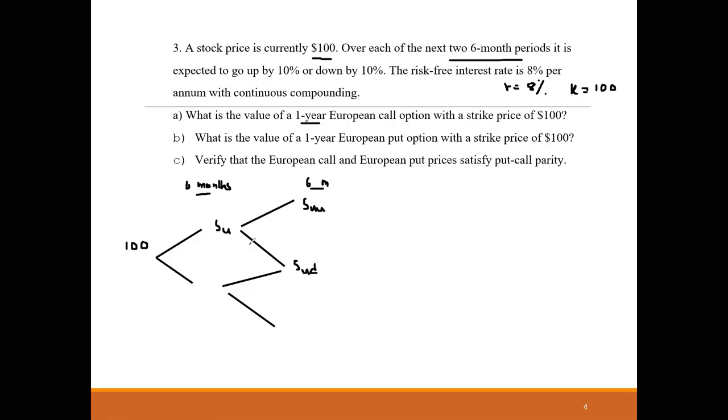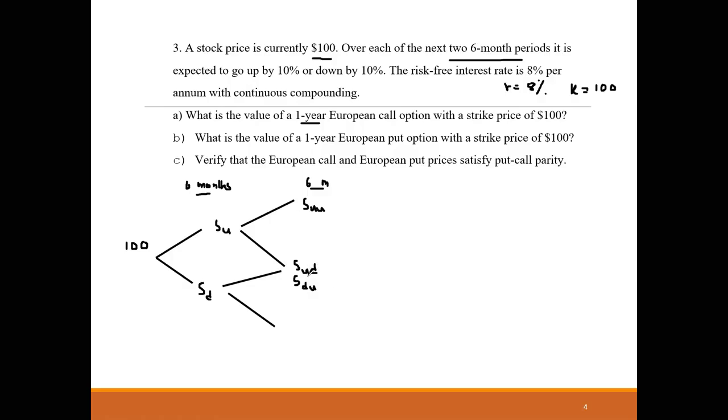And this is first it goes up and then it goes down. From here it goes down. Or you can have SD, when it goes down. After going down, it can go up. This SUD and SDU will always have the same values, irrespective of the order in which you multiply.